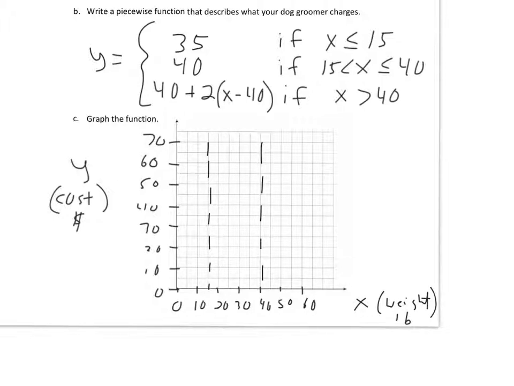Now, for x less than 15, that's in this area right here, the y value is just going to be 35. Since that's a constant, that's going to be a horizontal line. So it's going to be 35 from here right to there.